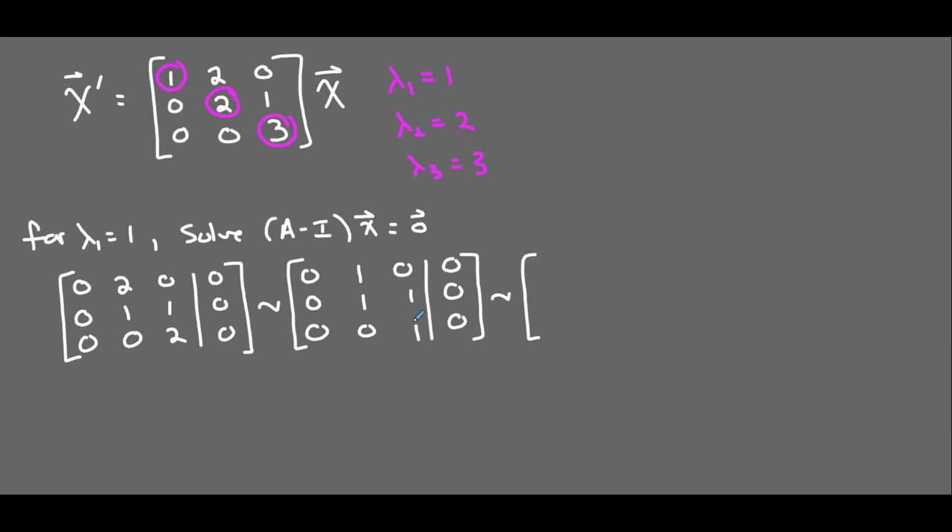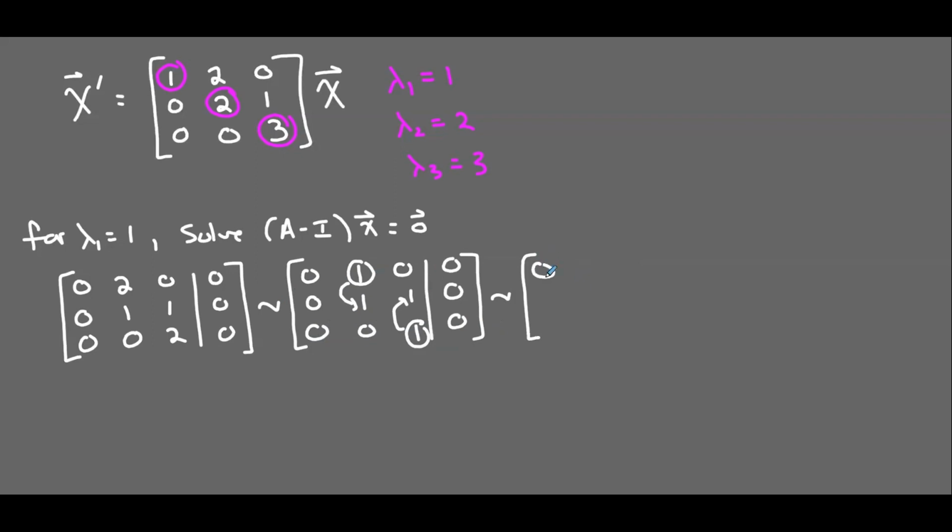And then I can use this 1 to eliminate that 1, make that a 0. And then I can use this 1 to eliminate this 1, make it a 0. And now the others stay the same, and then I'll just move the third row to the second row.